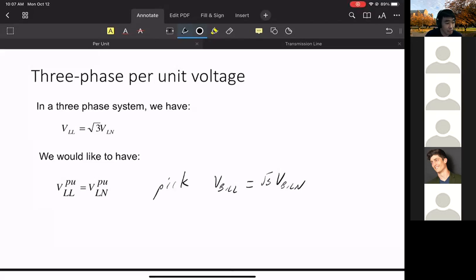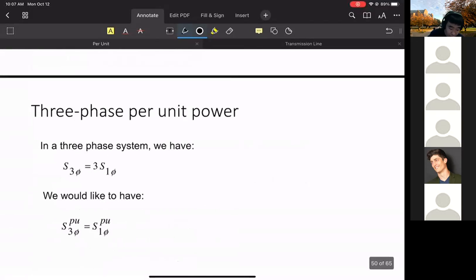All right, and then same thing. We want to do the same thing for power. We know that from three-phase to single phase, there's a factor of 3 in front. But in per unit systems, we want them to be equal. We don't have to worry about the number of phases or how they're connected.